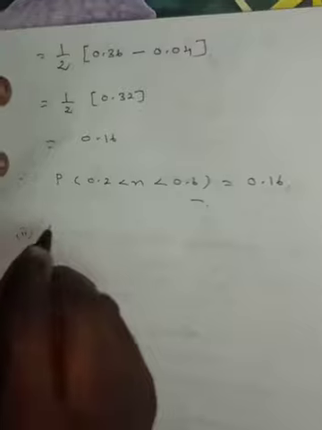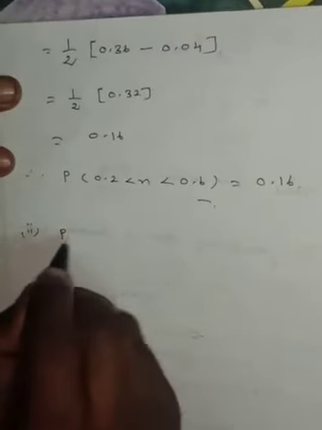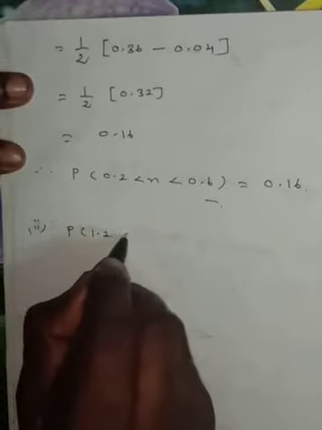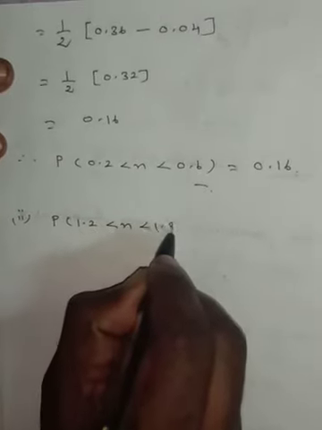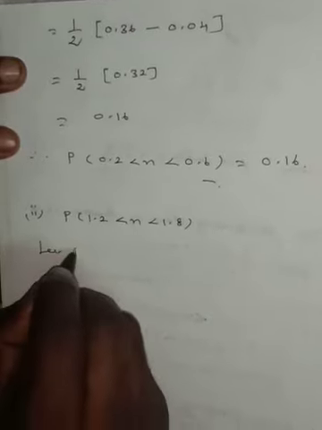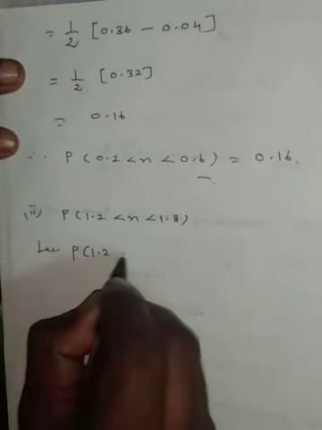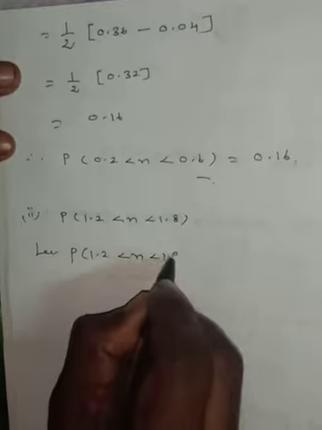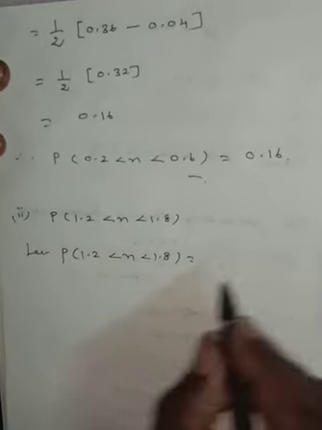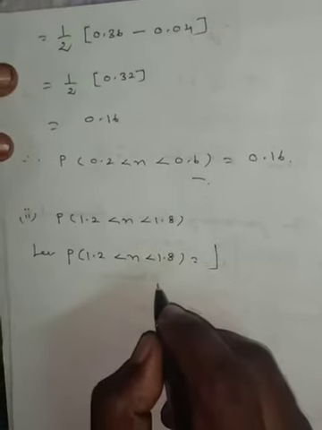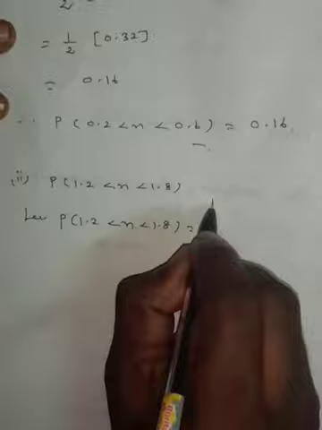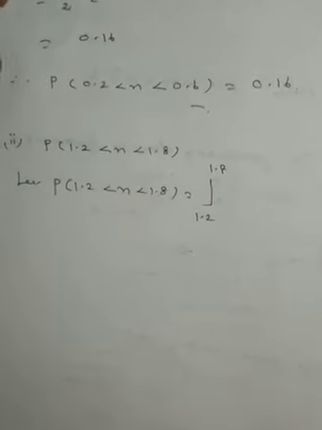Next, subdivision number 2, probability of 1.2 less than x less than 1.8. Let P of 1.2 less than x less than 1.8 be equal to the integral, lower limit 1.2, upper limit 1.8, of f of x dx.